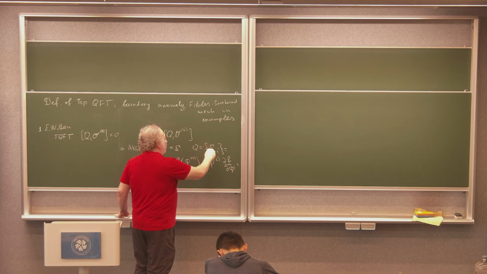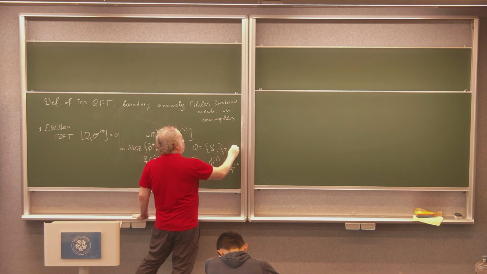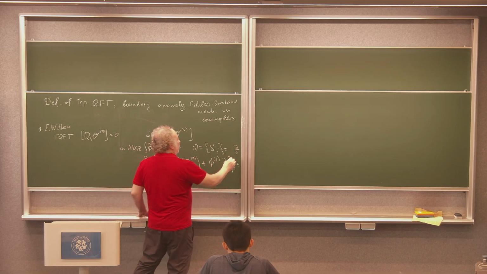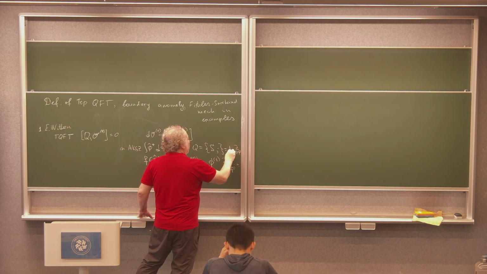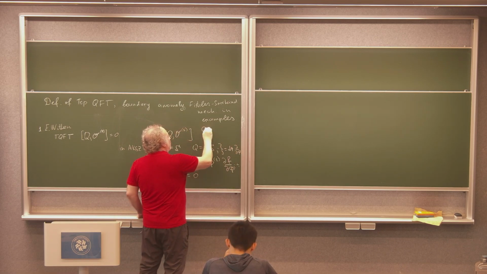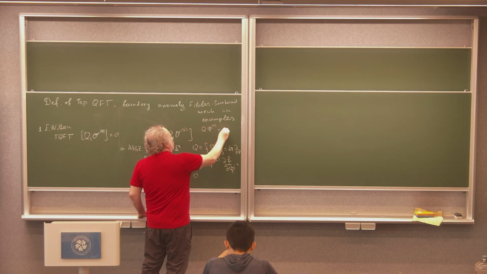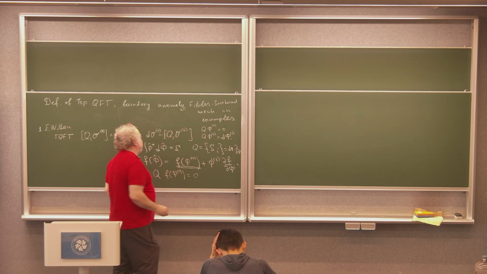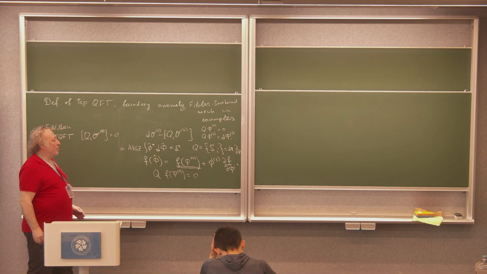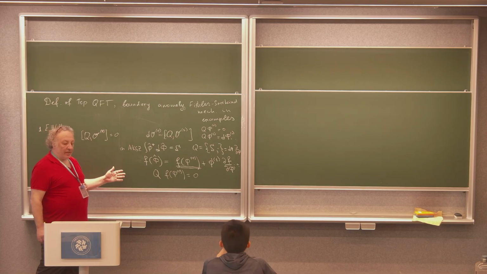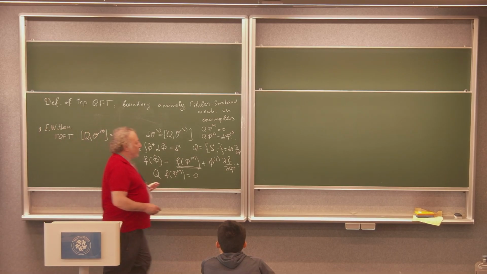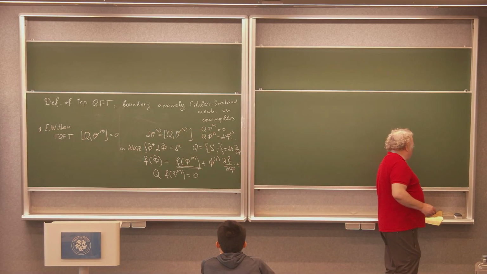So what does it do? It takes derivative with respect to phi and multiplies it into d phi. So Q applied to phi 0 is 0. Q applied to phi 1 is d phi 0. So that's how it was working in AKSZ. But it's not the AKSZ formula that I'm going to explain right now.